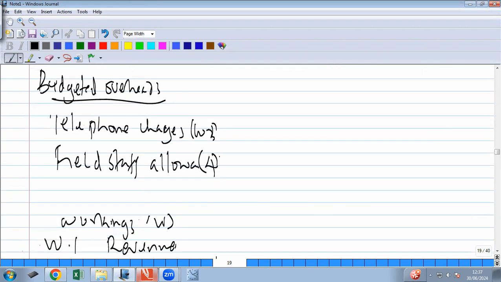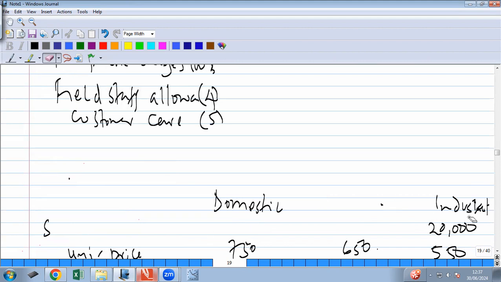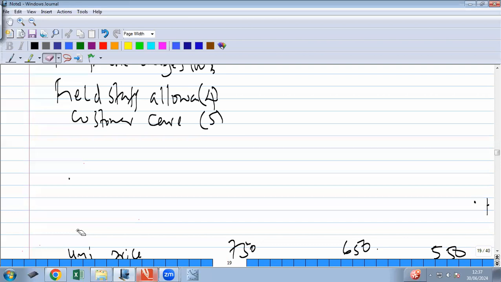The next one, customer care, is working number 5, right? I'm going to remove these workings because I've finished, unless you're going to need this later. Presume that you've written. Okay. Then the last one is line maintenance, which is working number 6.